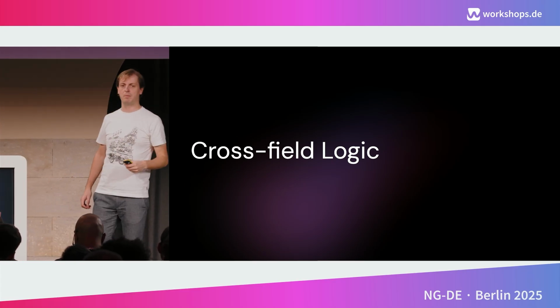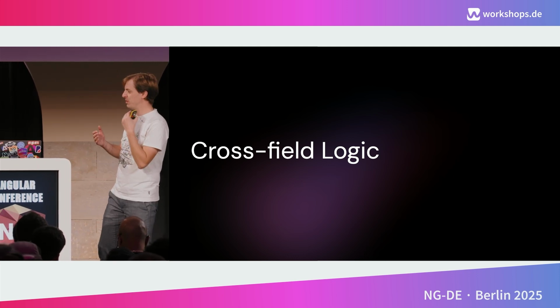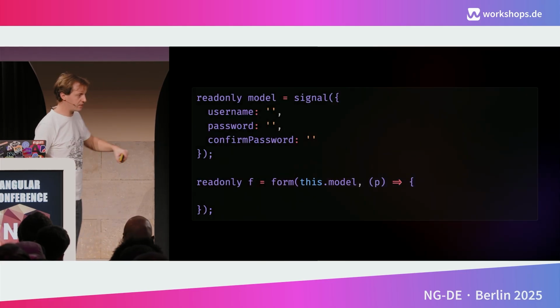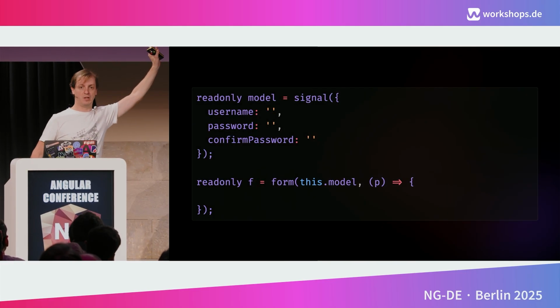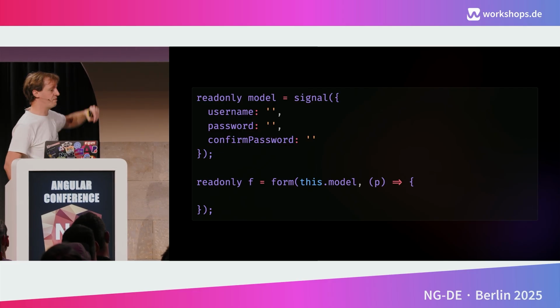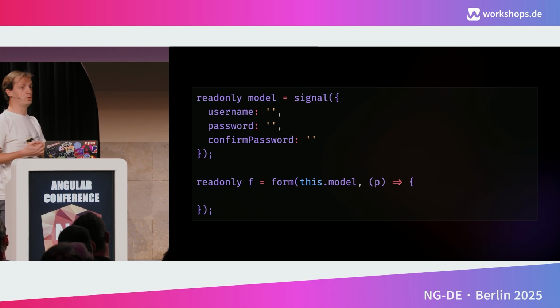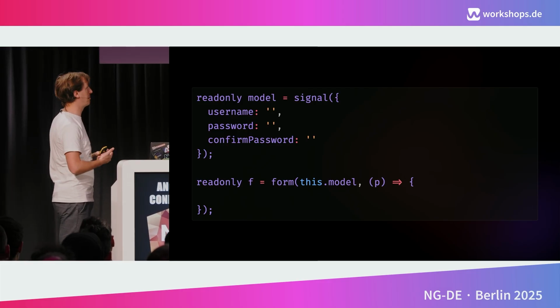It requires a lot of boilerplate, it's very buggy if you want to go with something simple, and we thought we want to have something even simpler with signal forms. So we go back to an example, the most common case of cross-field validation. You want to have a sign-up form where you give an email, and you want to cross-check that the password matches the confirmed password.